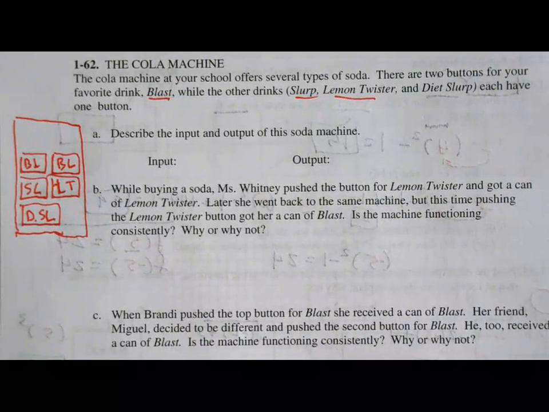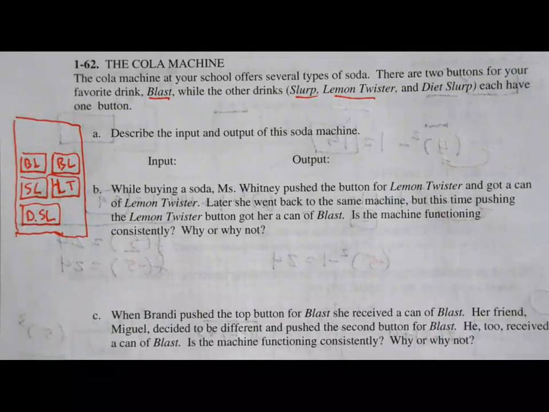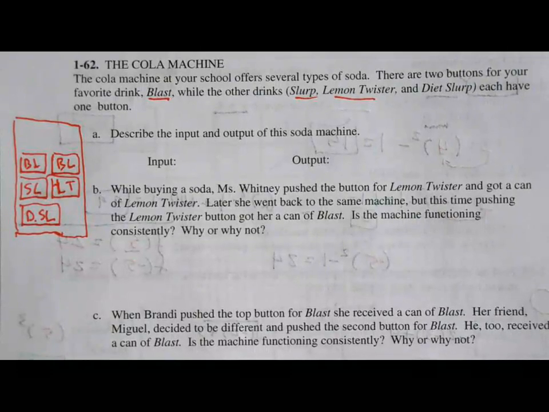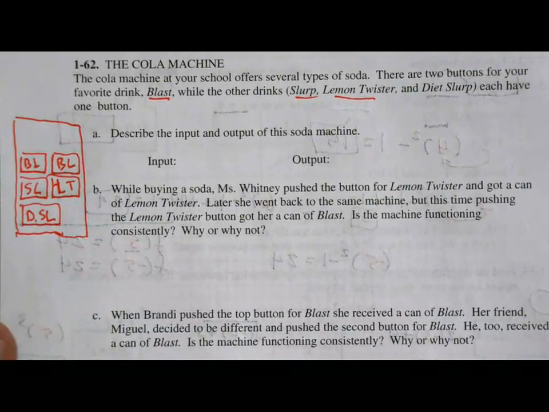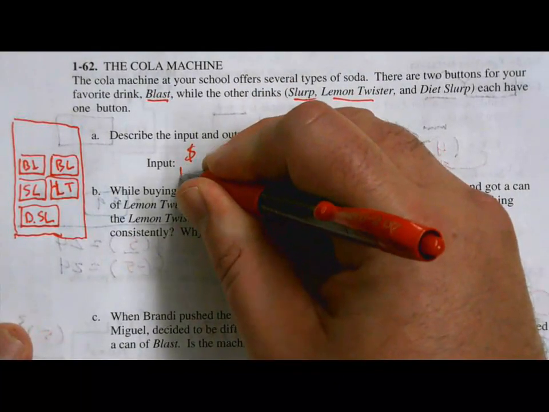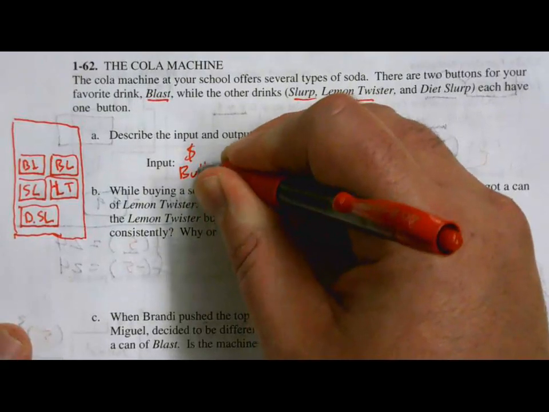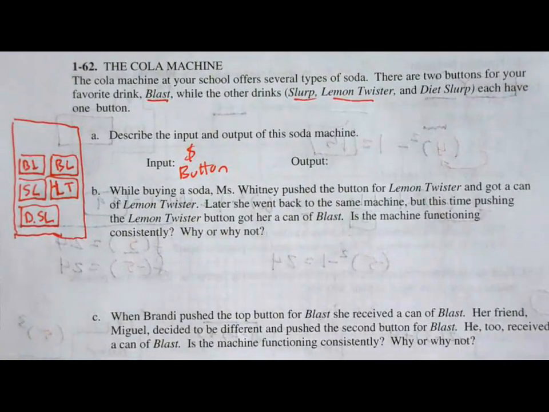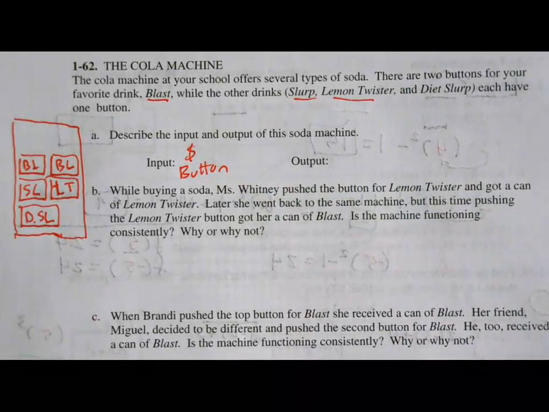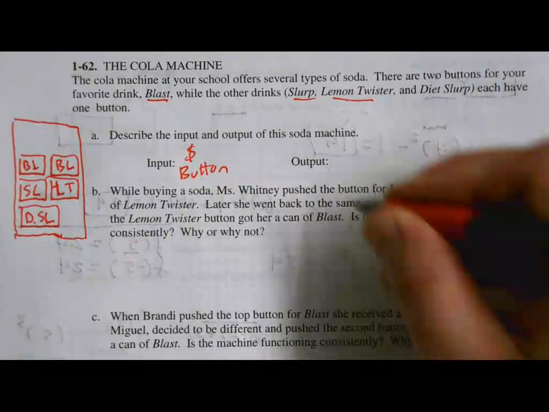You put money in it, and there's something else you got to do too. You got to push a button. So the input is money, and more importantly for this problem is push a button. And what is the output? What does the soda machine put out? Soda.